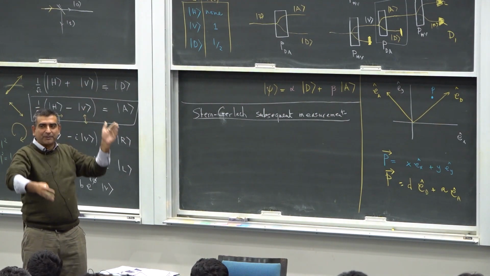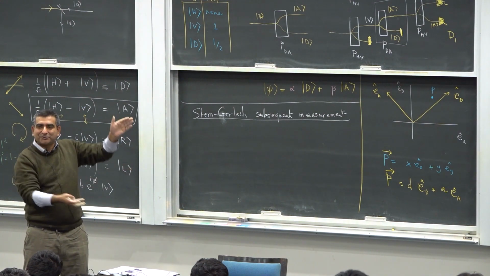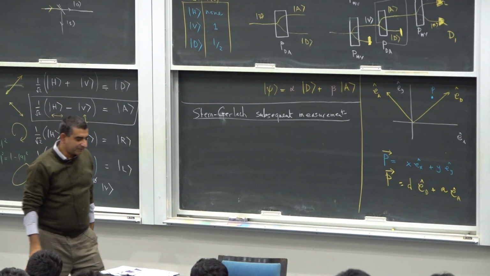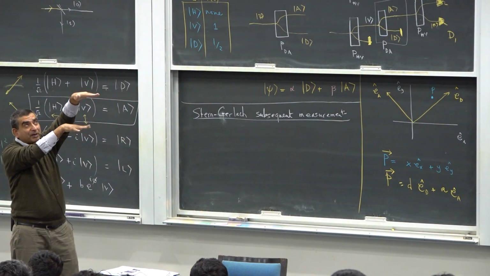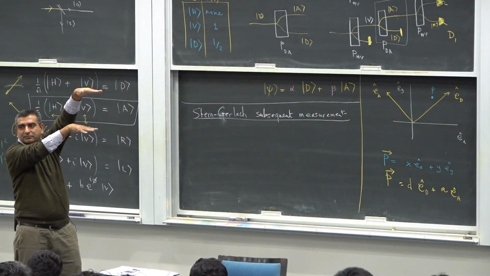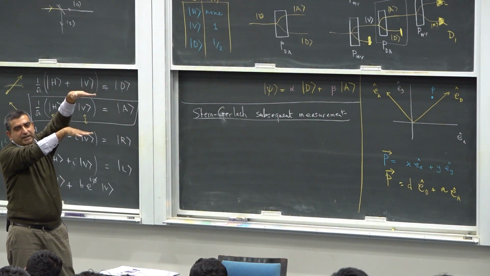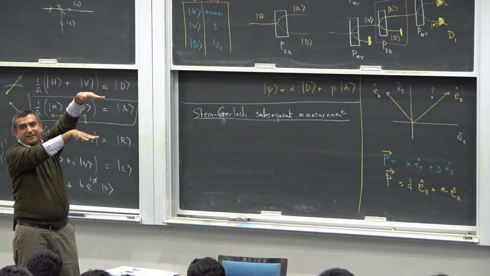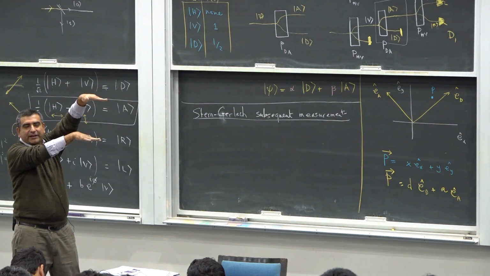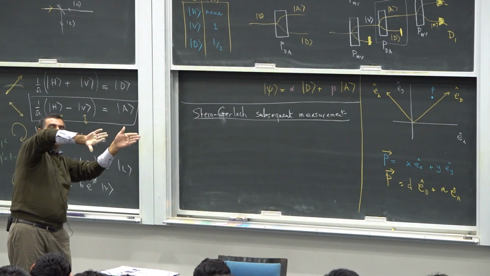If you just rotate your apparatus, suppose my hands are the two magnets, one magnet north pole and south pole. This is the magnetic field. What direction is the magnetic field in? Vertical or horizontal? Vertical. So let's call this a Z arrangement. I could also rotate this by 90 degrees.